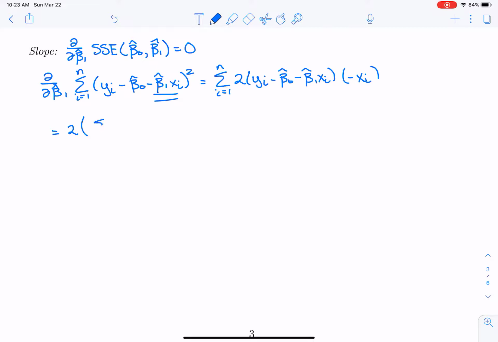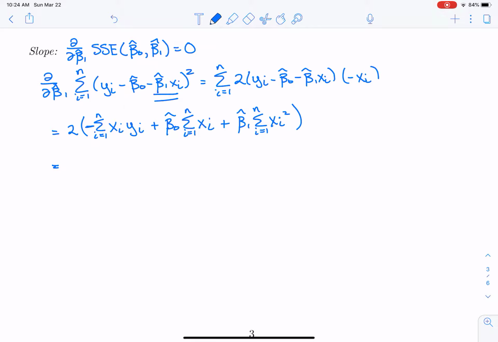So this will be 2 times the sum from i equals 1 to n of x sub i y sub i, and that has a negative sign on it, plus beta 0 hat times the sum from i equals 1 to n, I'm again multiplying in the x sub i, and then finally, beta 1 hat, sum from i equals 1 to n, and now x sub i times x sub i gives me an x sub i squared.